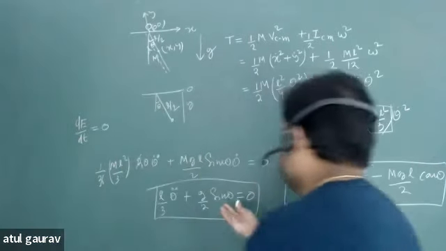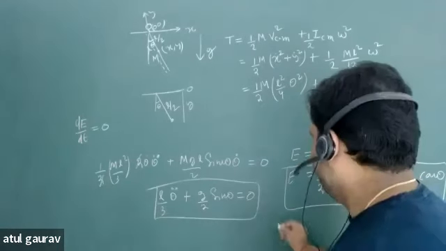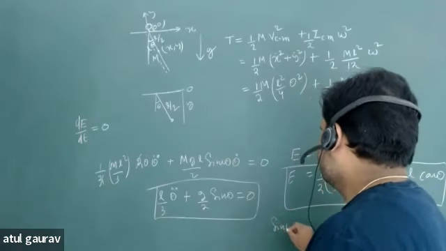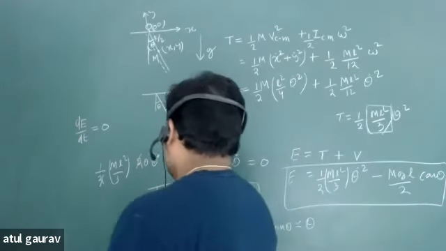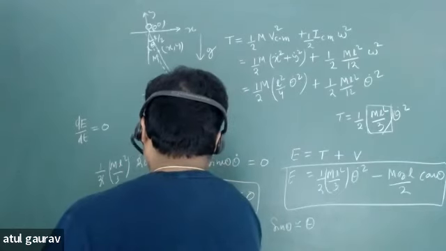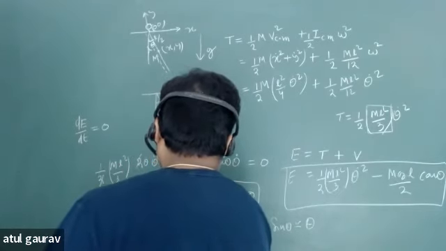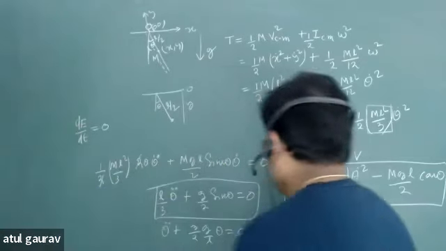And for the small angle, if you just want to solve this for angular frequency for a small angle, I can write sin theta is near about theta. And then what will happen? You can write theta double dot plus 3 upon 2 G upon L theta must be equal to 0. So what will be the value of omega?